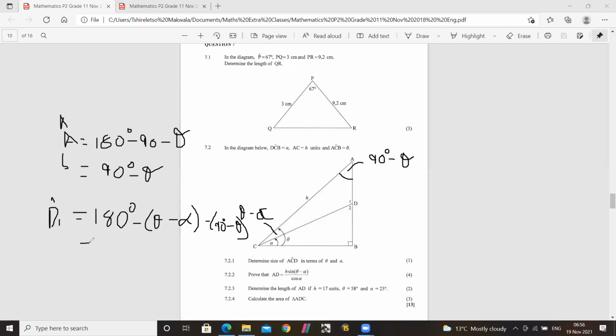So what's D1? This is going to be positive. This is going to be negative. This is going to be negative 90. So negative 90 plus 180 is going to be 90.